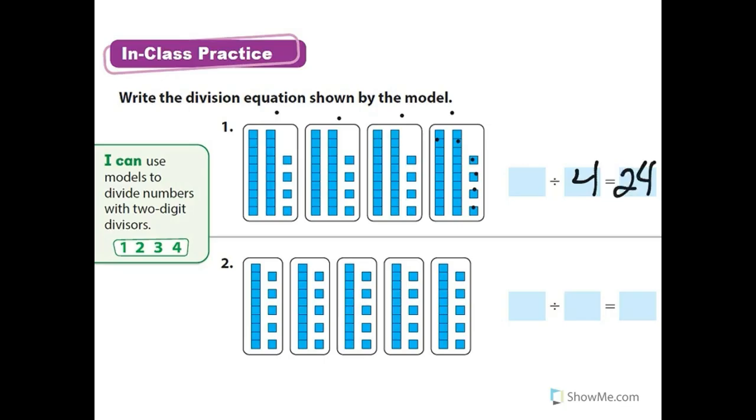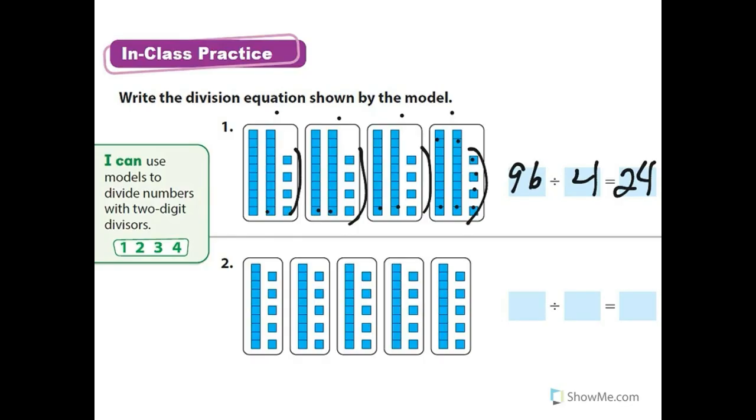How many are we dividing? Well, that's 10, 20, 30, 40, 50, 60, 70, 80, 84, 88, 92, 96. So it's saying 96, when put in 4 groups, you're going to have 24.